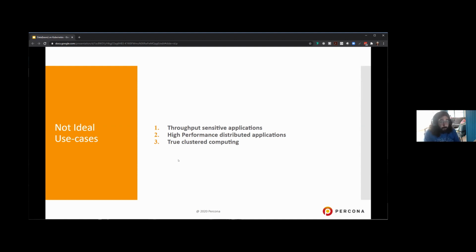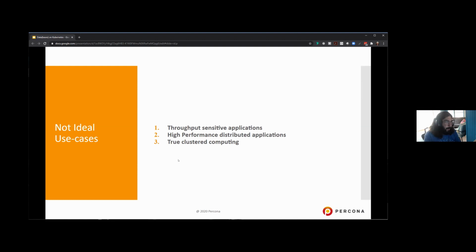High performance distributed applications, lots of cross traffic, things that require 40 gig NICs between boxes, probably not a great use case for Kubernetes unless your Kubernetes cluster is guaranteed 40 gig everywhere, which some people have really sophisticated setups, and that's great. You can do that if you have those guarantees from your infrastructure partner, whether that's a cloud or internal partners.